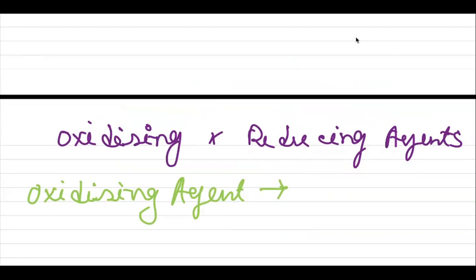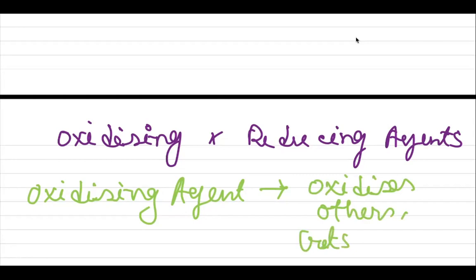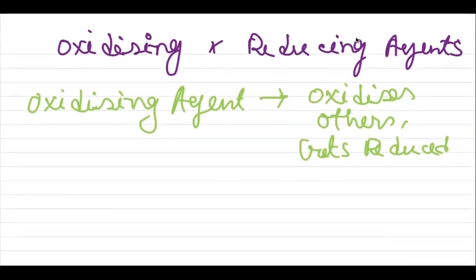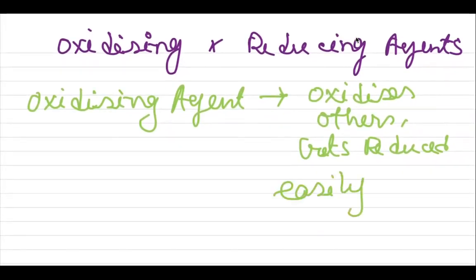That means an oxidizing agent oxidizes others and gets reduced itself, right? That means it easily gains electrons. Yes, easily gains electrons, oxidizing agent.